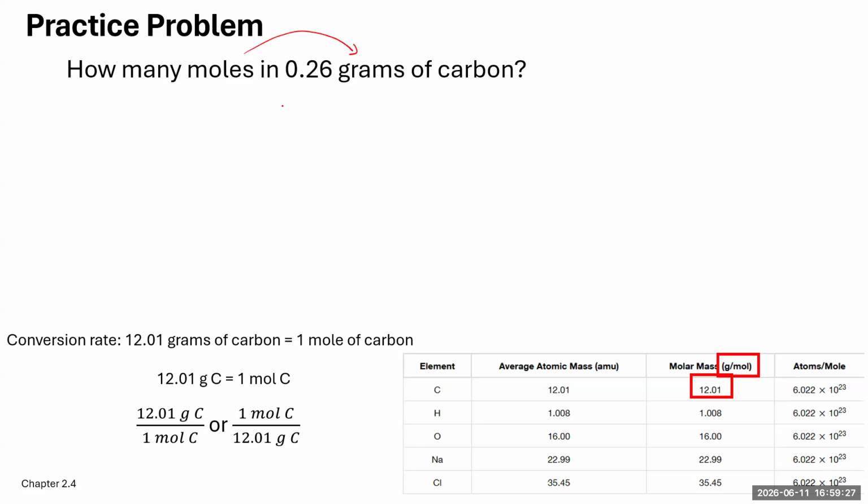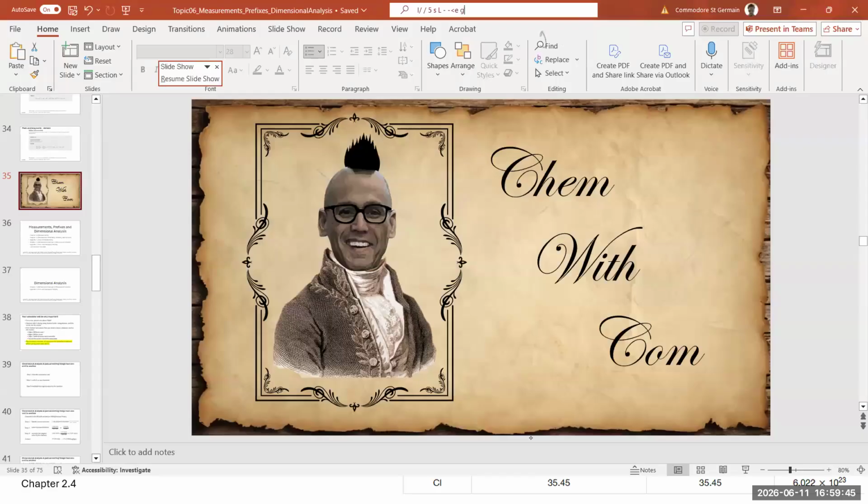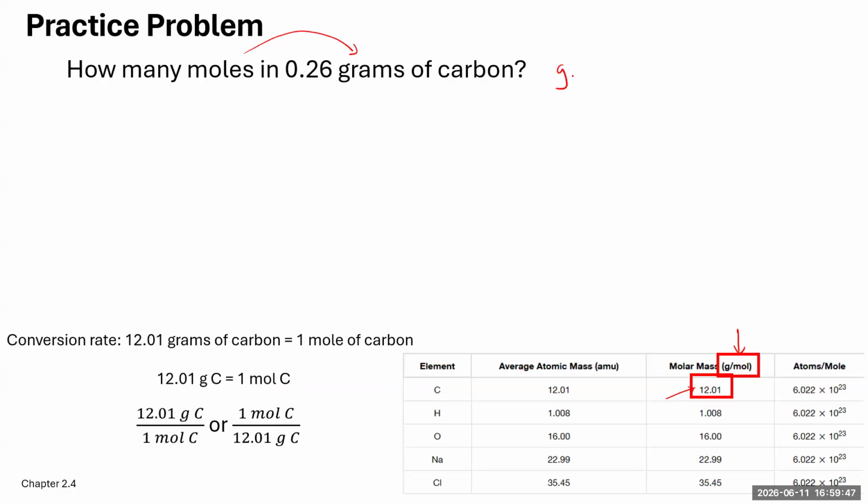Now, where have we heard the word grams per mole before? Well, periodic table, right? The periodic table has molar masses listed in the units of grams per mole. Grams per mole lets you convert from grams to moles and moles to grams because it's a fraction, right?